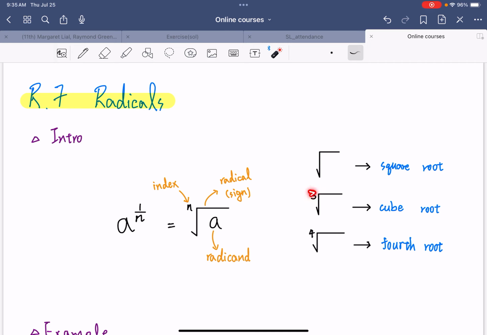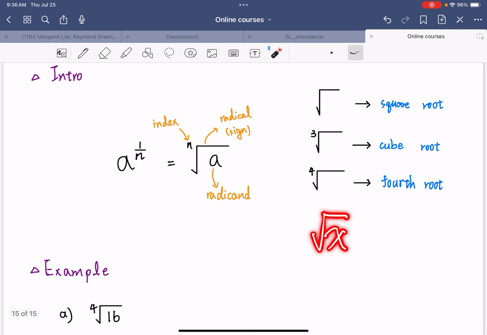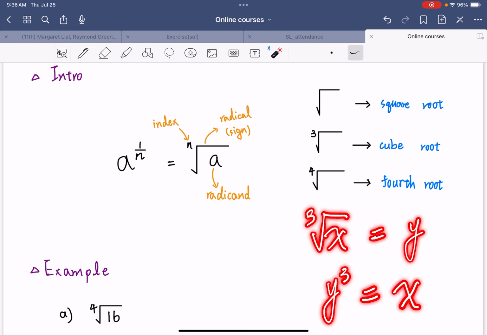And if we write 3, that means we have a cube root. Let's write x with cube root will become y. Then we will know that y with power of 3 will become x.